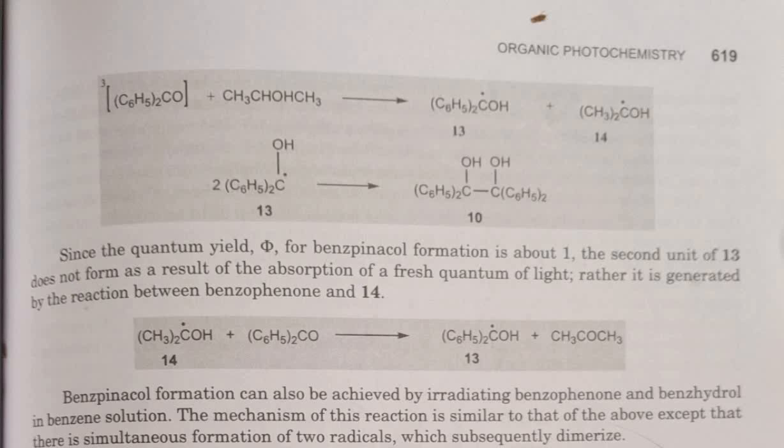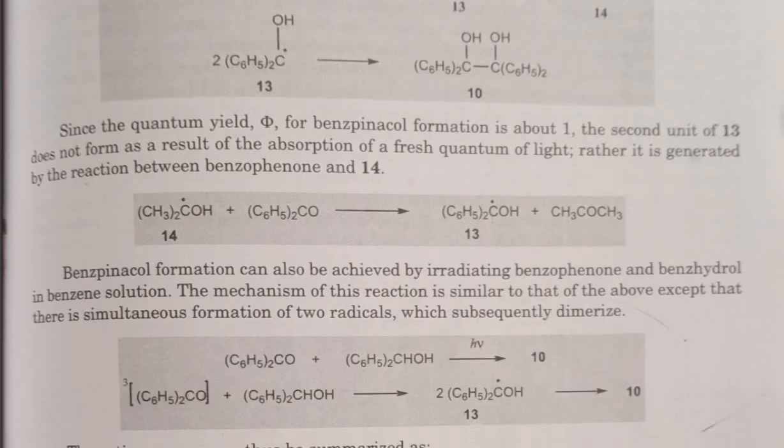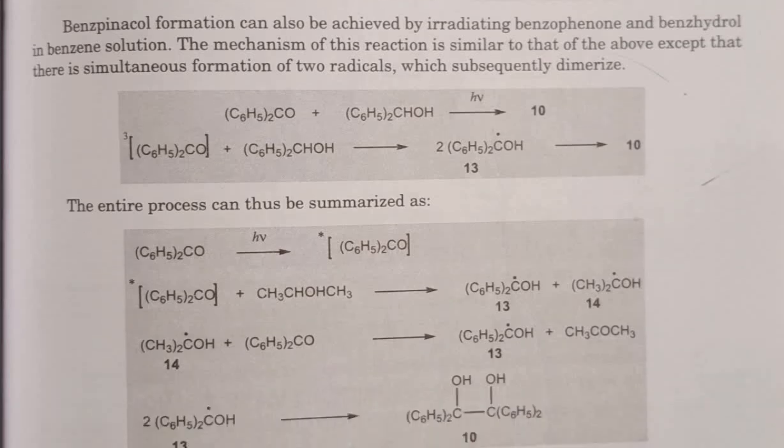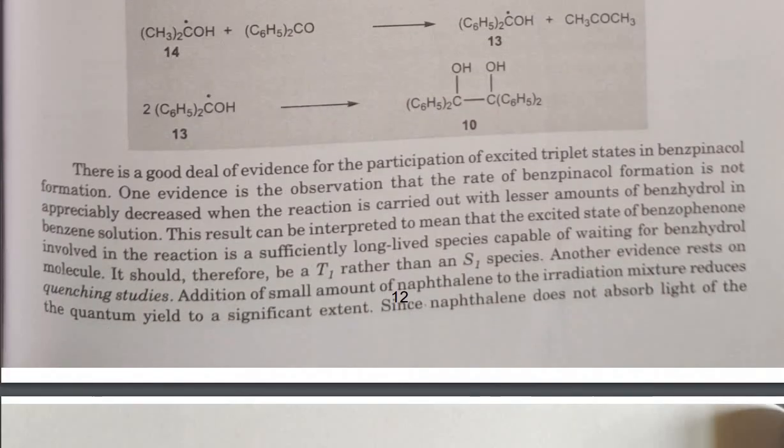So benzophenone reacts with alcohol, it gives these products, and these two products combine together forming a diol system. Now you can see how benzophenone reacts with alcohol and forms these products, and after dimerization, it gives the diol, which is 10.